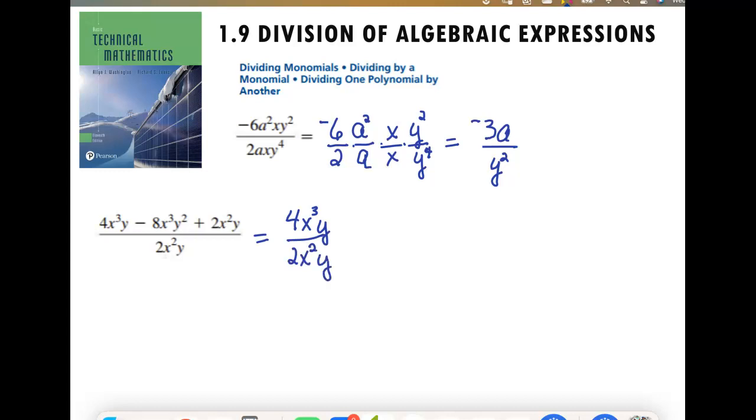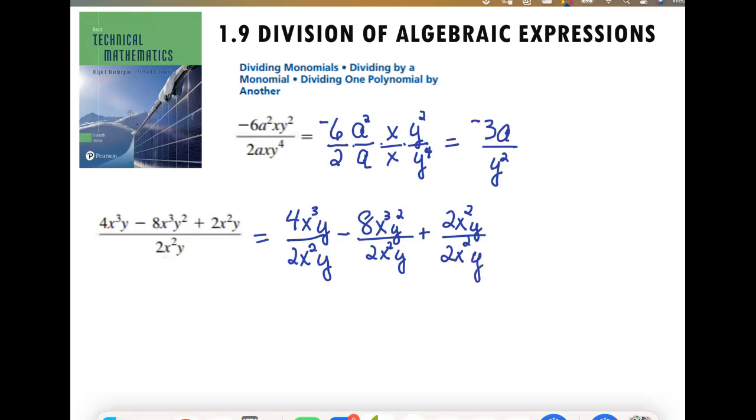And then I'm going to just bring over my minus sign. 8x cubed y squared is being divided by 2x squared y, plus 2x squared y being divided by 2x squared y. And then we do these like 3 little problems.